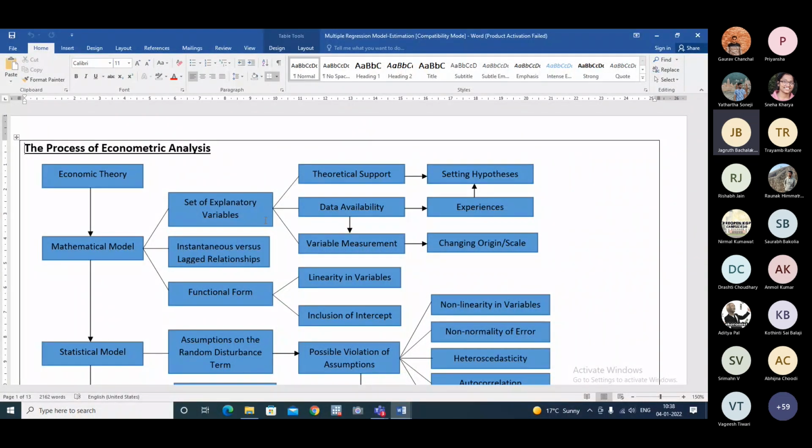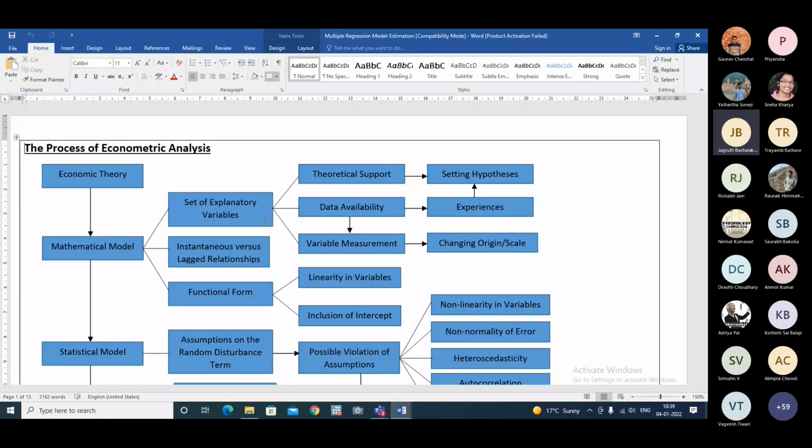So while expressing the economic theories in the form of mathematical models, we need to be very, very careful about this sort of issues, whether the relationship would be instantaneous or there would be some lags.